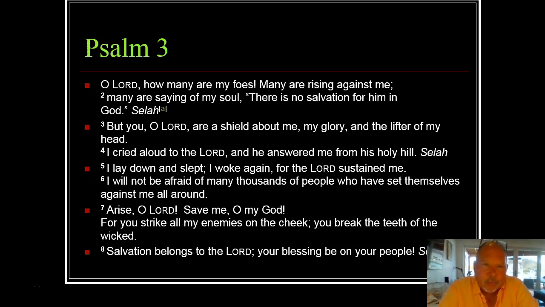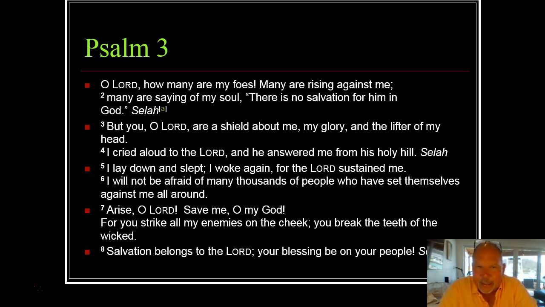So here is Psalm 3. O Lord, how many are my foes? Many are rising against me. Many are saying of my soul, there is no salvation for him in God. But you, O Lord, are a shield about me, my glory, and the lifter of my head. I cried aloud to the Lord, and he answered me from his holy hill.